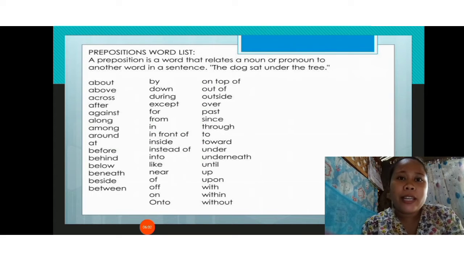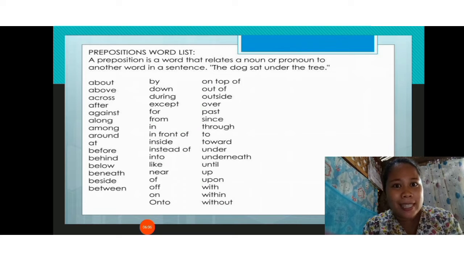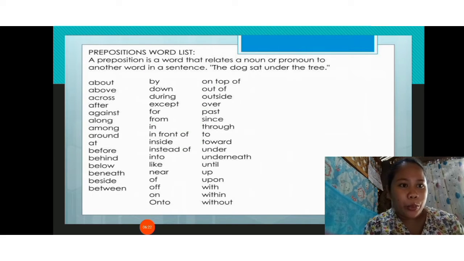And I have also here a lot of examples of prepositional words. We have here about, across, above, after, against, along, among, around, at, before, behind, below, beneath, beside, between, and so on and so forth. So all you need to do is to familiarize with these prepositional words.